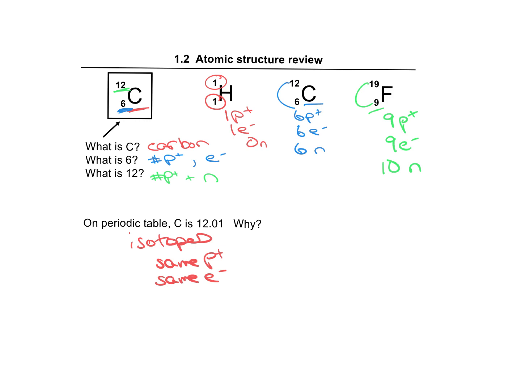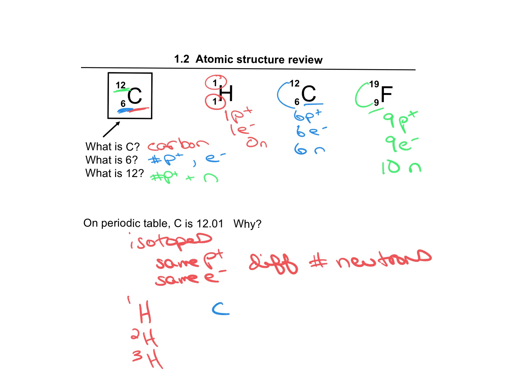So of course that has to be the same. But a pair of isotopes will have a different number of neutrons. So for example, hydrogen exists as H1, H2, and H3. In the first case, we have no neutrons. Here we would have 1 neutron, and here we would have 2 neutrons.